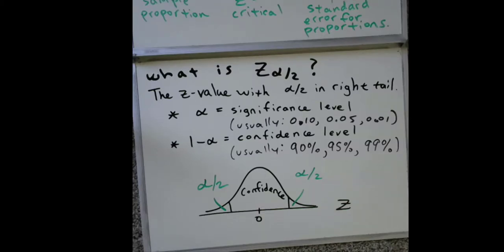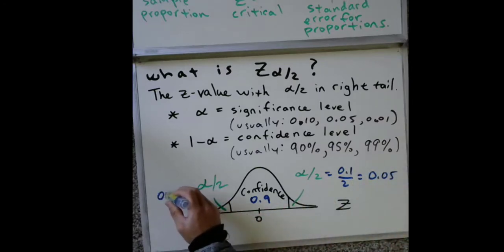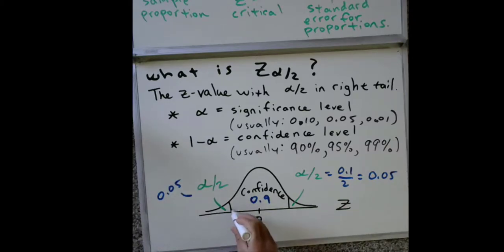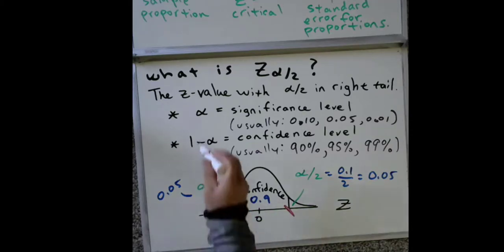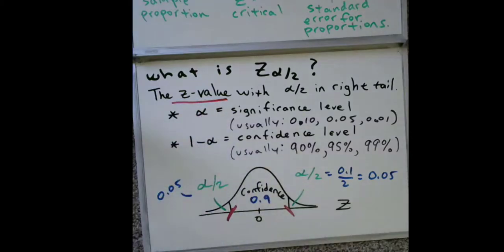Let's do a quickie example. Like, what if we wanted 90% confidence? 0.9. Well, then alpha would be 0.10, but that would have to be chopped in half, which is 0.05. We can figure out these tick marks. That's what this Z critical is. It's those tick marks, that Z value.